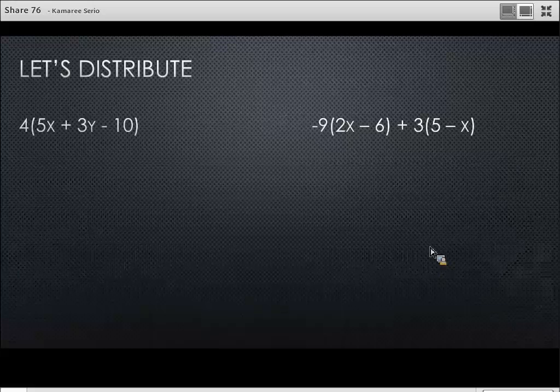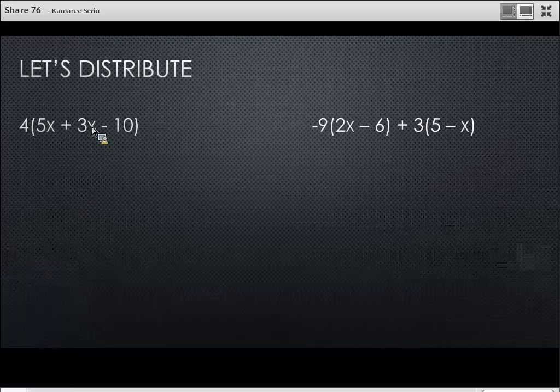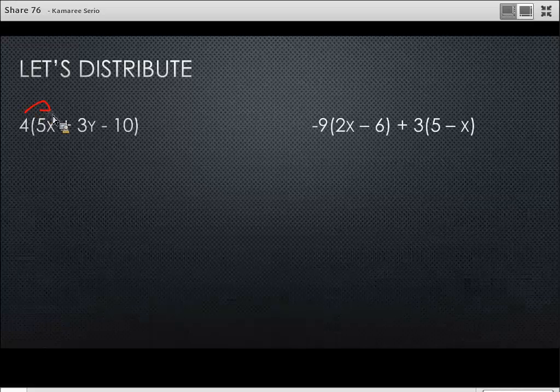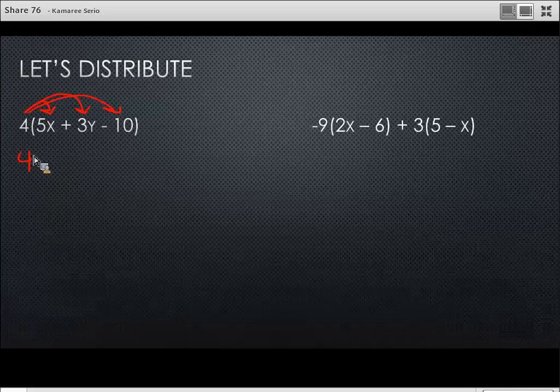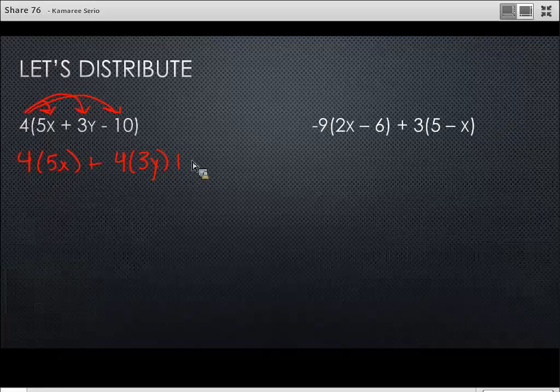All right, so let's practice. Sometimes you will have more than 2 terms inside of your parentheses, and that's 100% okay. This 4 is still going to be multiplied to everything inside. Okay, so if I have 4 times 5x plus 4 times 3y plus, oops, nope, not plus, that is a minus.